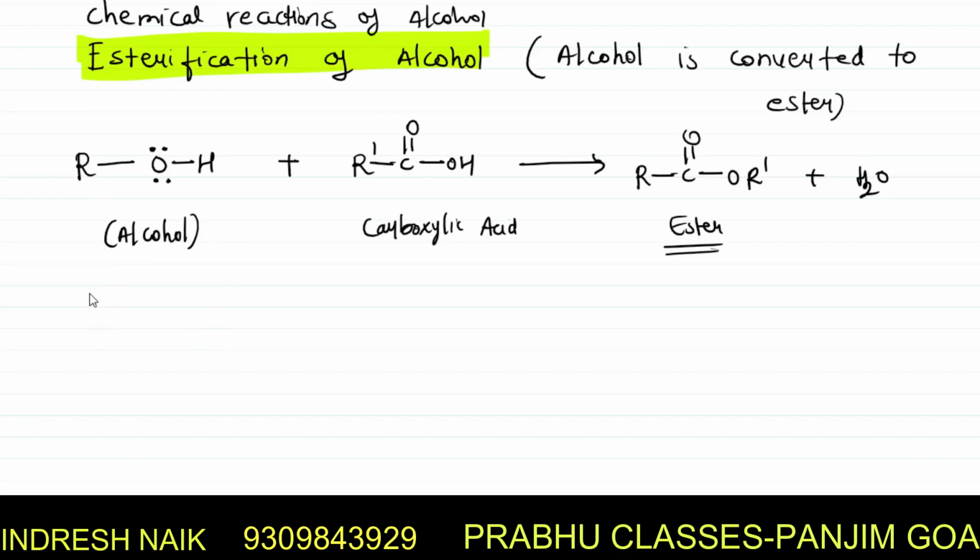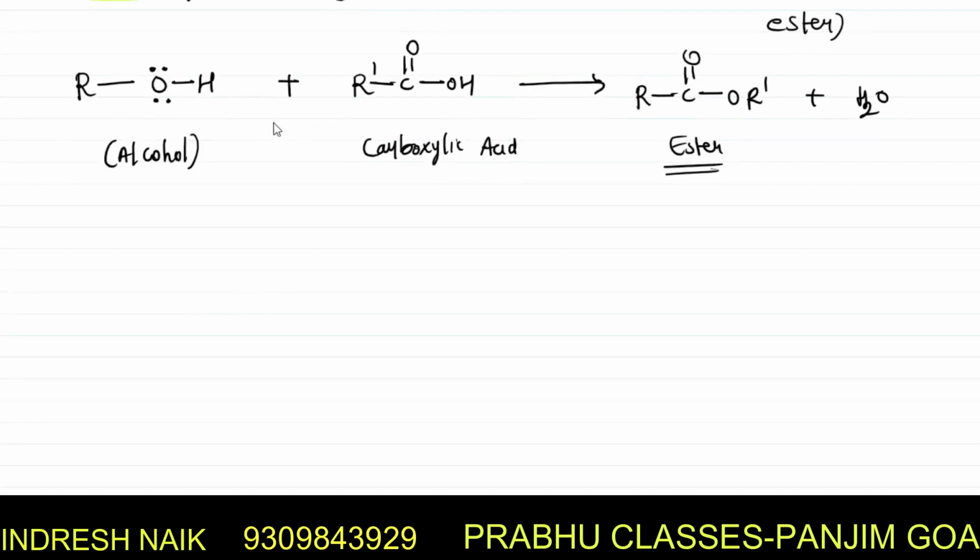So we'll look into the mechanism. The mechanism is very simple. The basic term I use most of the time is electron rich to electron deficient mechanism, right? This is the basic thing which will happen in every mechanism. So this is the alcohol, and these are the lone pairs. Lone pair means electron rich, easily available for donation.